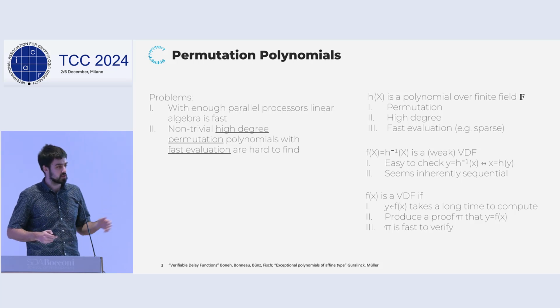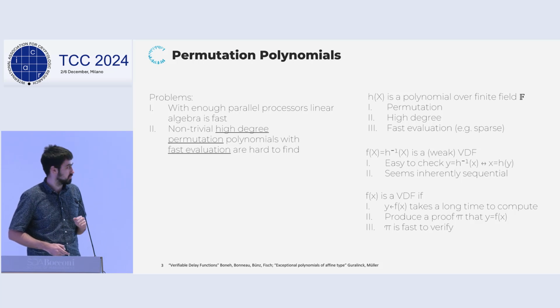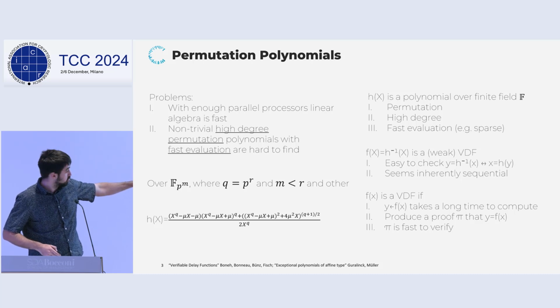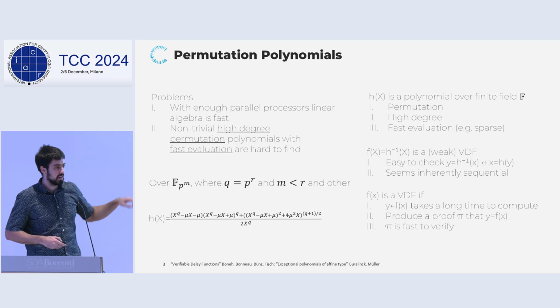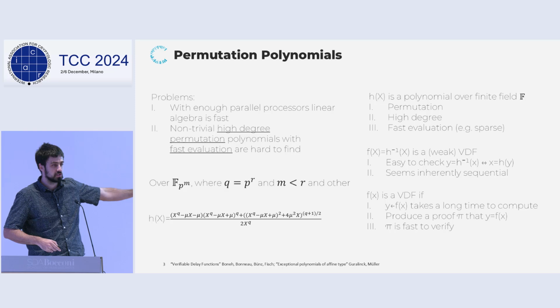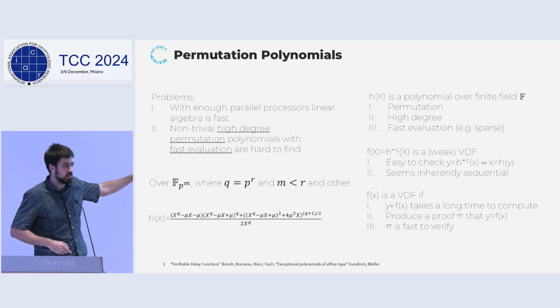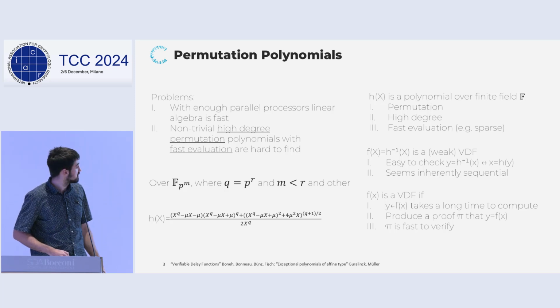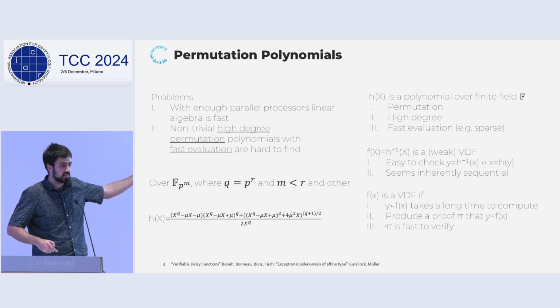And they are so hard to find that in the literature they're even called exceptional polynomials. And here's the polynomial that Bonnet et al. conjecture in their paper, and as far as we could determine at the time of the publication of this VDF paper, this was the only known non-trivial exceptional polynomial known to people.